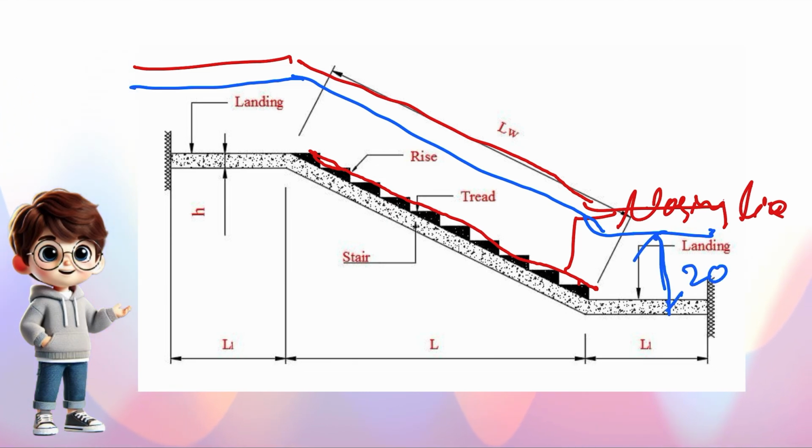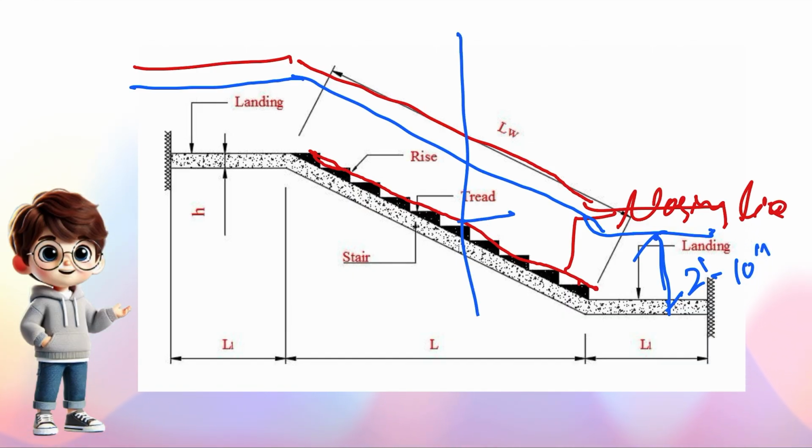The height of this grab rail is 2 feet 10 inch. And at this portion also, from this nosing point to here will be 2 feet 10 inch. Some people will do a parallel dimension, that is incorrect. If you draw one vertical line, where it touches the nosing point, and the same vertical line where it touches the top of the grab rail, that will be 2 feet 10 inch.